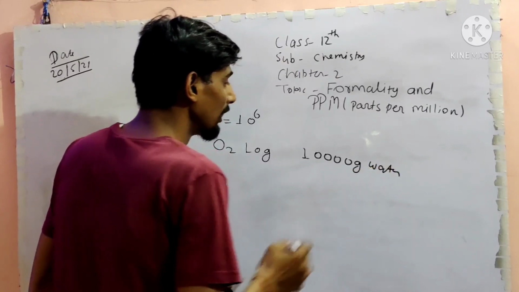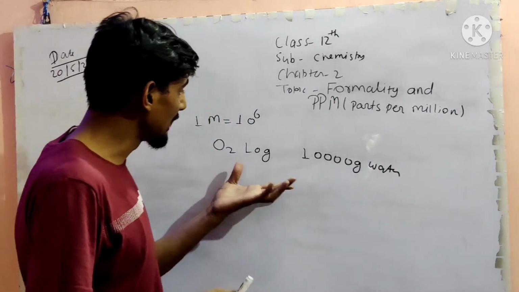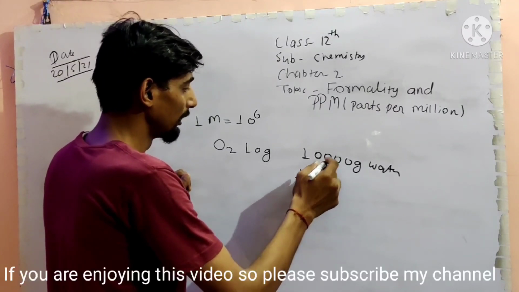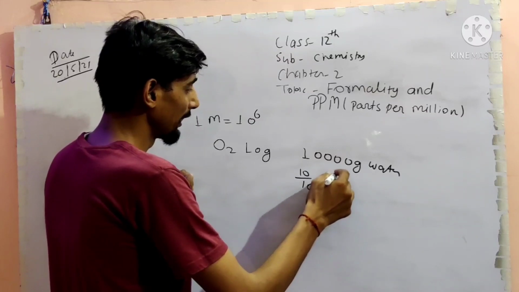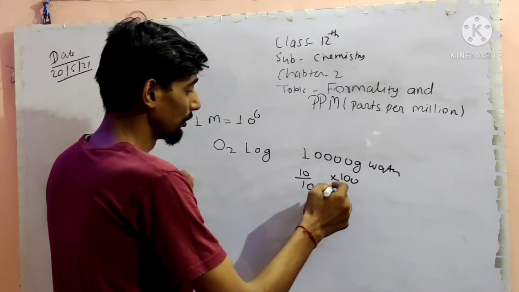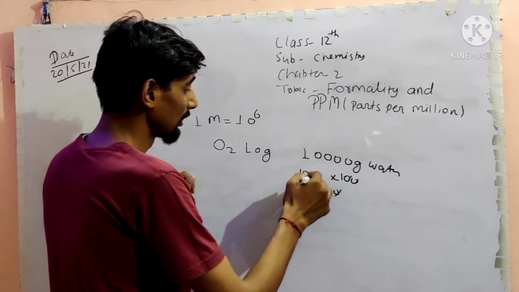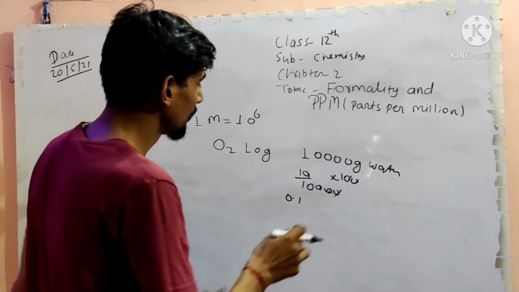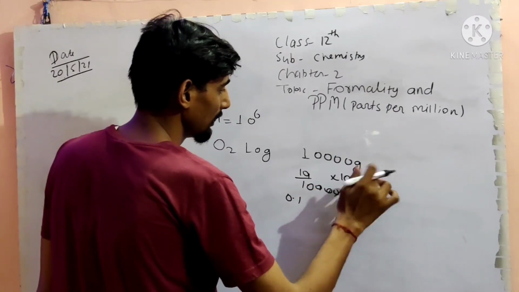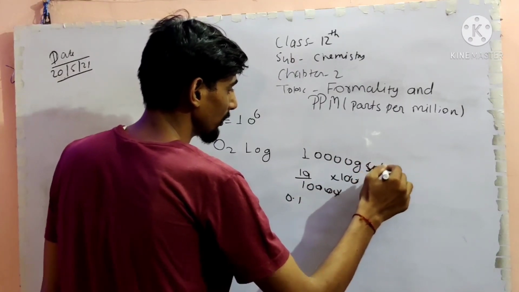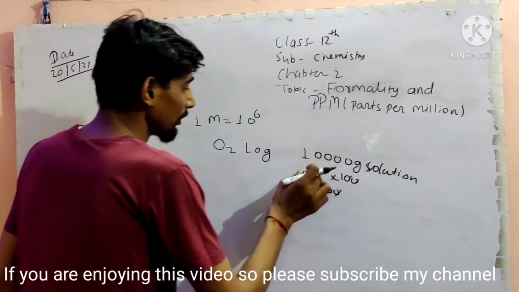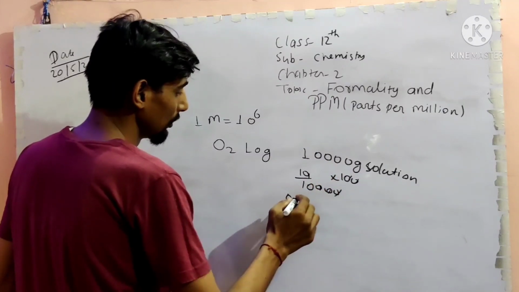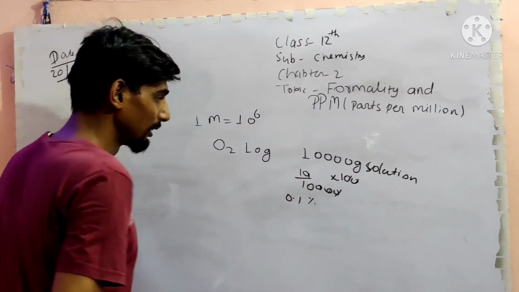If we take the mass percentage of this, how will we find it? 10 upon this into 100. Or we take solution to keep it easy. So mass of solute upon mass of solution into 100, so 0.1%.